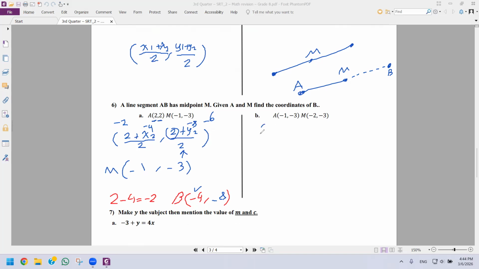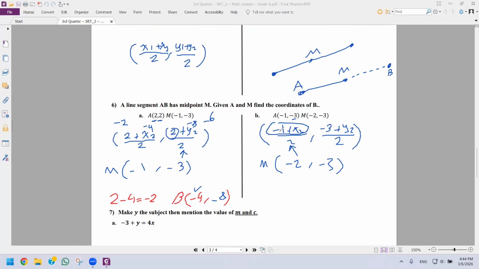Then the next one, we have minus 1 plus x2 over 2. Now, y1, it's minus 3 here, plus y2, which we don't know, over 2. Now I already know the M value, which is minus 2, minus 3. Now let me multiply minus 2 times 2, is minus 4.